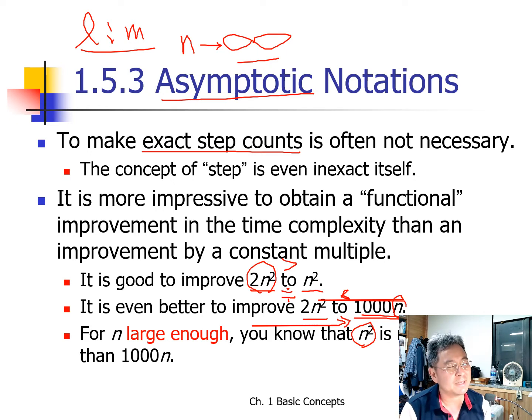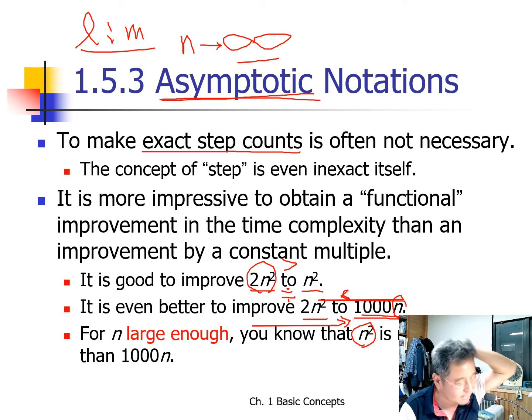Time complexity is much more important when the data size is very large. Okay, so that is asymptotic notations. Especially when data size n goes infinite, what is the time complexity?